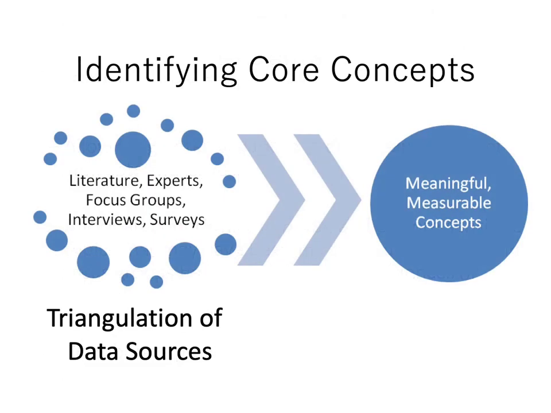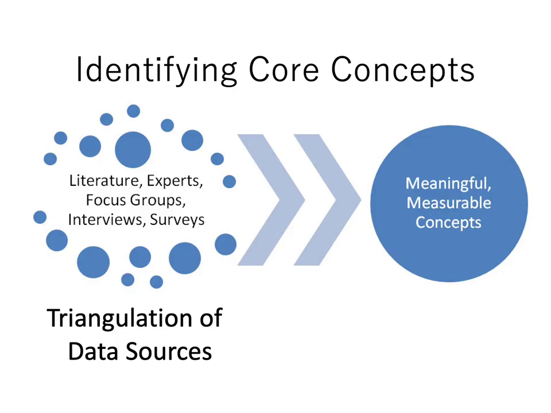When things like the literature review, expert interviews, focus groups, interviews, and other surveys have been completed, the next step is to begin to triangulate those different data sources. And by triangulate, I mean to compare and contrast and to integrate them to make sure that each source is being confirmed by others, as well as contributing unique variants to the phenomenon that you're exploring.